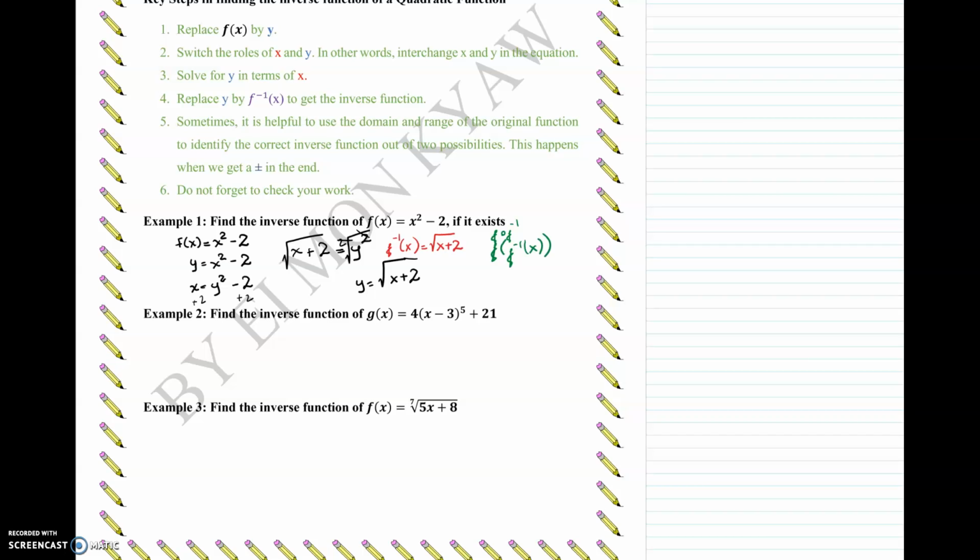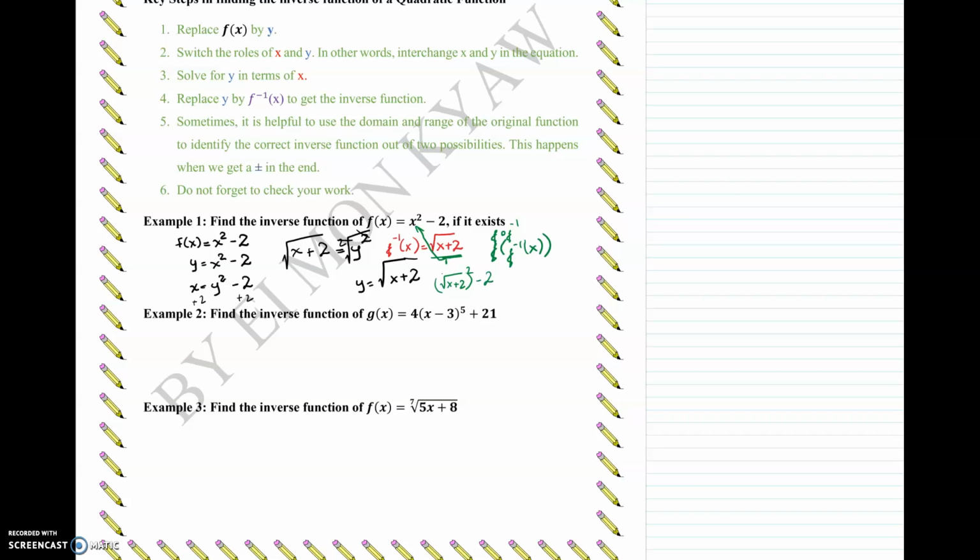That's how it's going to look. So we're going to plug in this radical x plus 2 into the original equation where the x belongs. So when we do that, we get radical x plus 2, squared, minus 2.